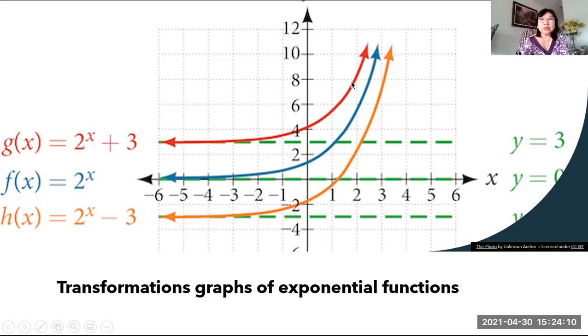Because the function shifts up by 3 units, it means the asymptote of the x-axis here will go up by 3 units as well. So at 0, it goes 1, 2, 3. So the asymptote moves up by 3 units as well.